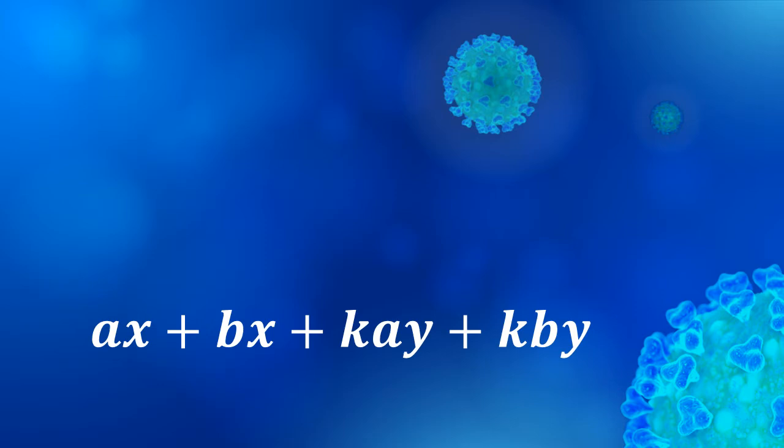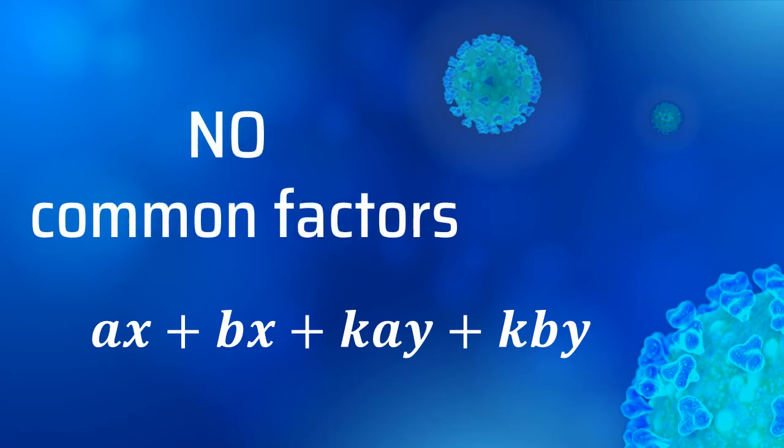It's correct that ax plus bx have the common factor x, but ky doesn't have x. by doesn't have x. So if we check all of them, the 4 terms don't have a common factor. Only 2 of them have a common factor.